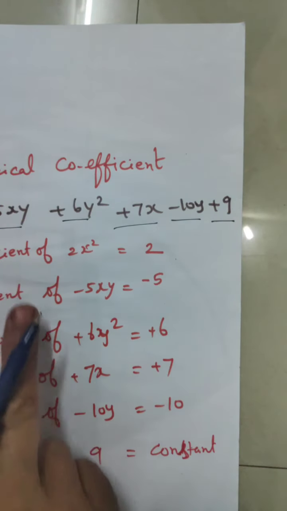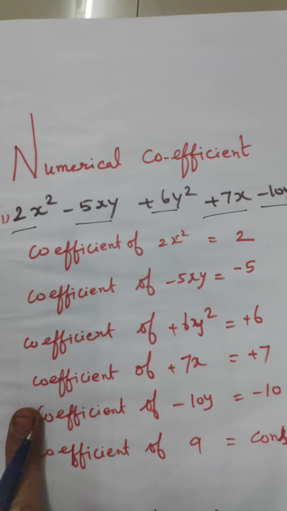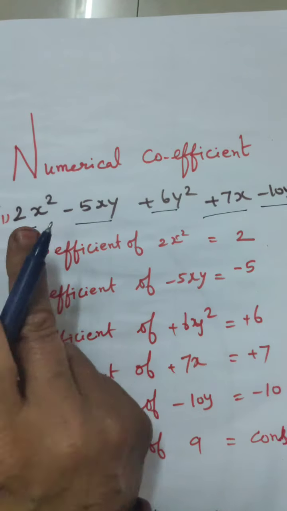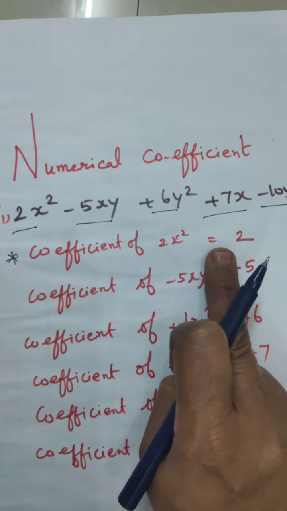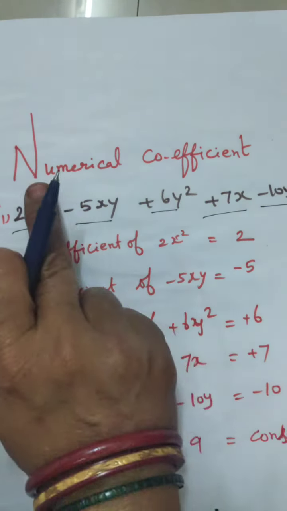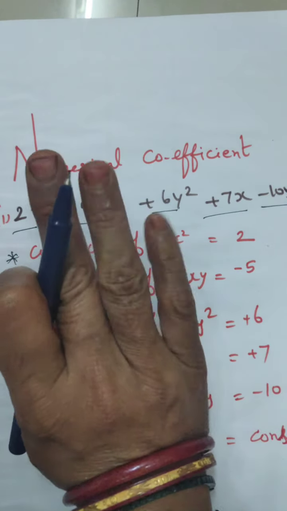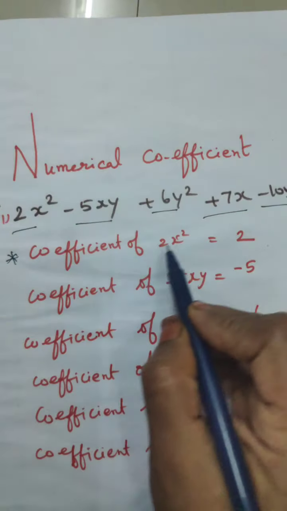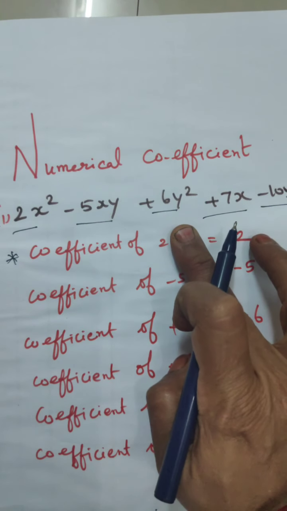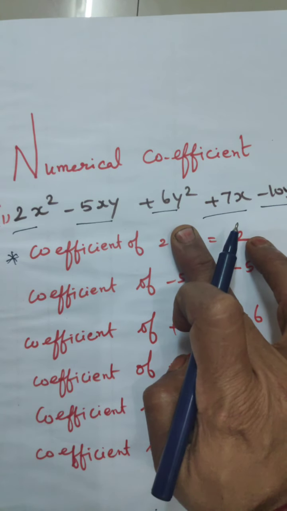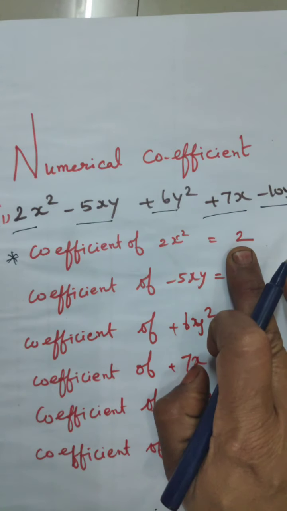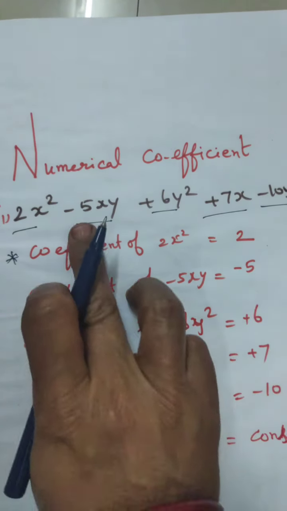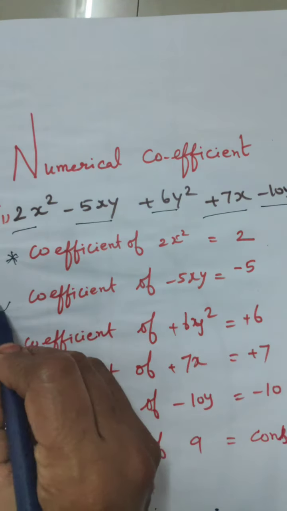So one by one you find it. First one, coefficient of 2x² is equal to, what is the meaning of numerical? Numerical means the number. Write only the number without the symbol. So in 2x² you cover up x². What is the coefficient of x²? 2. So what answer do you write? Write 2 only.